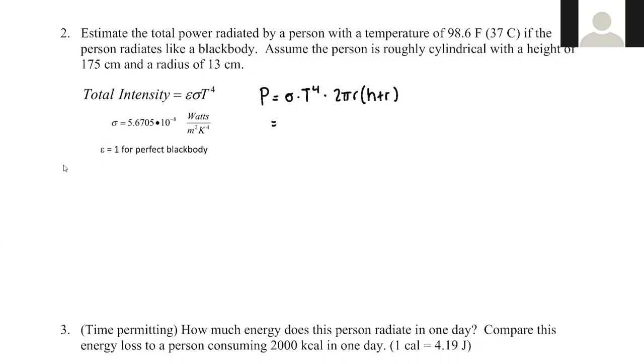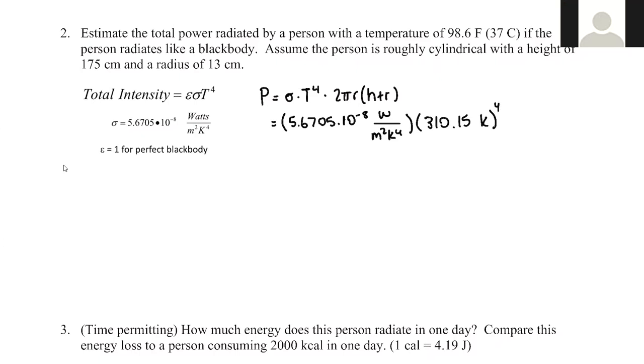I just plugged in everything. And for the temperature, use 310. I guess it would be more precise if you did 310.15, but I just used 310 in my calculation. 310.15 Kelvin, yeah.